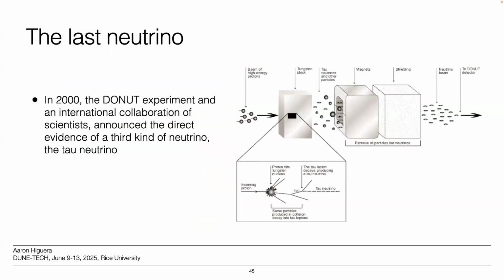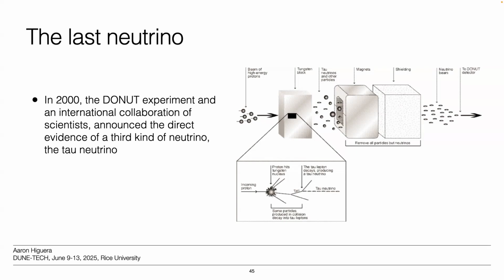And in 2000, at Fermilab, an experiment called DONUT, which is Direct Observation of the Neutrino Tau, was developed. The basic idea was very similar to the muon neutrino. You have some protons that interact with a tungsten target that will produce some particles that will decay, and you can remove some of the particles by introducing some magnets, and you expect to have a tau neutrino that comes from these decays.